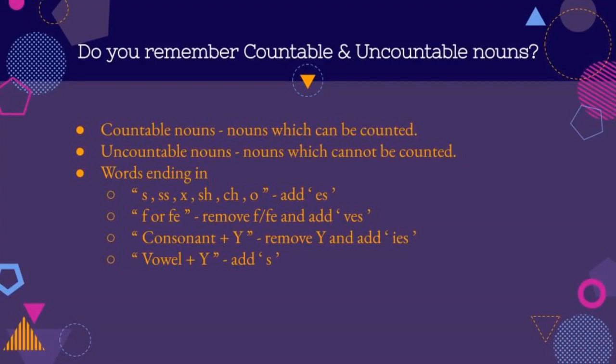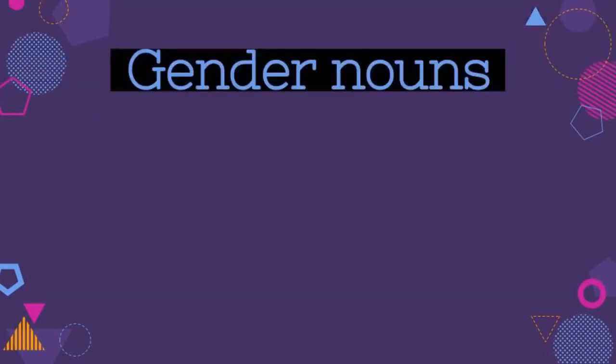The third rule, if a noun ends with a consonant followed by the letter Y, we have to remove the last letter Y and add IES. And one more rule is, if a noun ends with a vowel followed by the letter Y, we need to add S. For example, monkey and donkey.